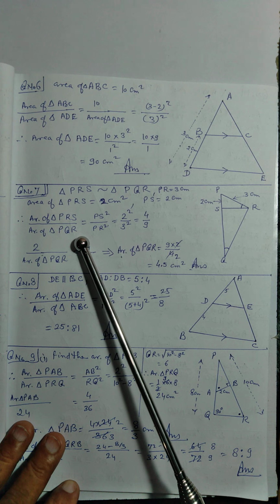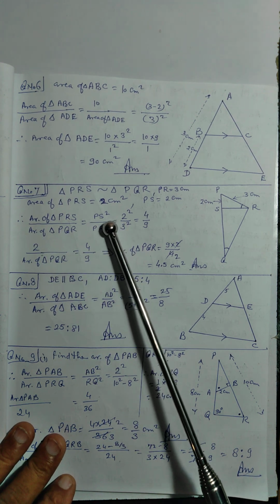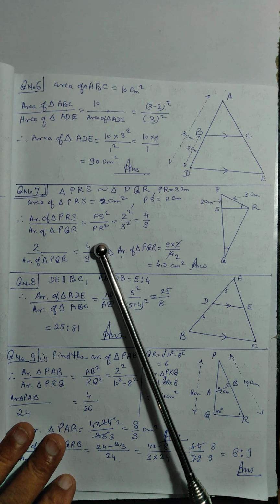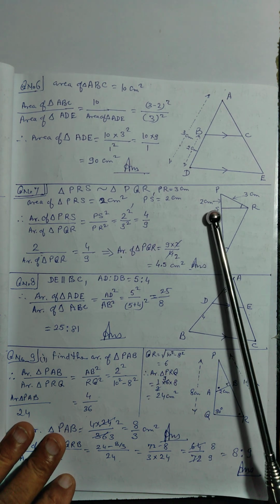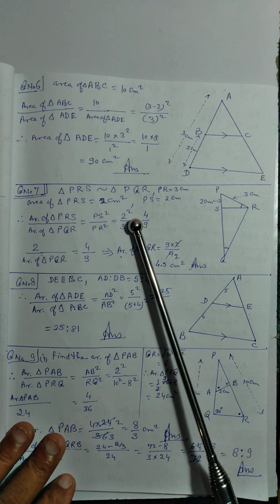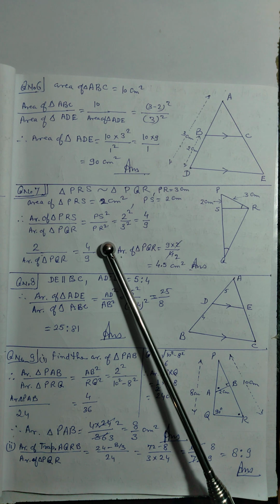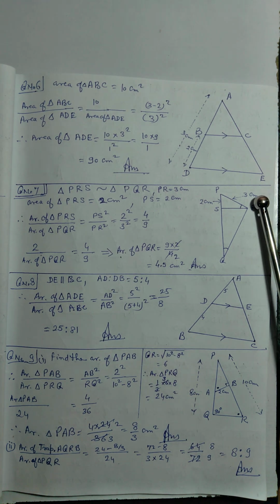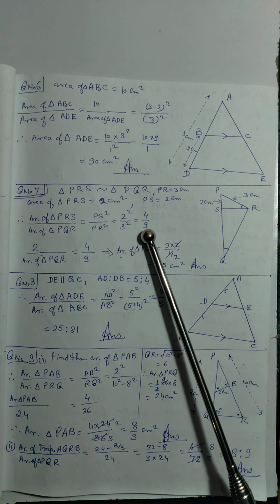It is already given here. So the PS square by PR square. What is PS? PS is 2 centimeter, that is 2 square, and PR square is equal to 3 square. So 2 square, that is 4, 3 square, that is 9.